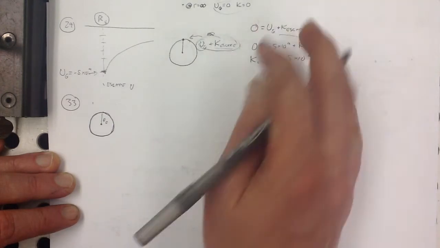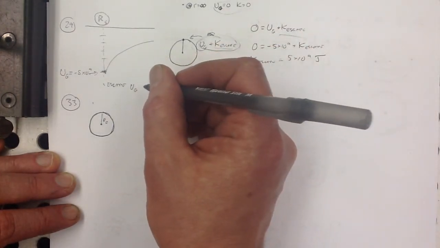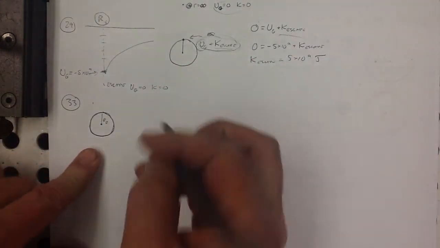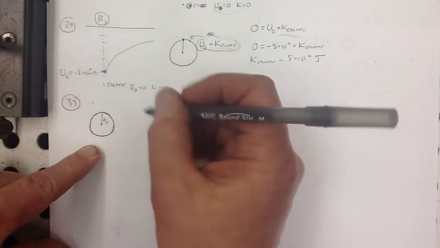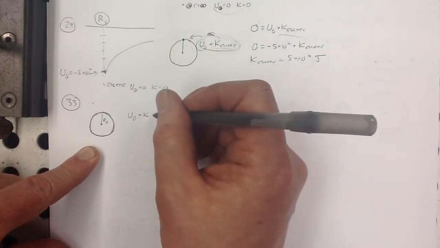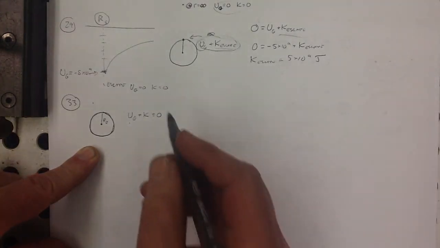Look at that. Sorry about that. It's embarrassing. UG would have to be 0, and K would have to be 0. Which means down here that UG plus K would be equal to 0, right?